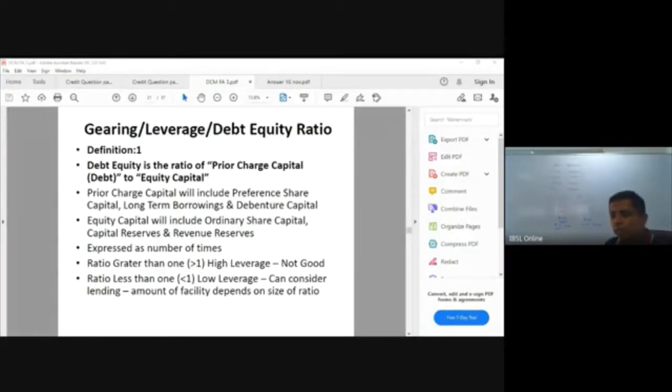Therefore, the main two items are those two. Forget about accrued expenses, creditors, other payables. Don't take those as short-term borrowings, right? Mainly the short-term borrowings comprise overdraft and short-term loans. I hope it is clear for you, everyone.